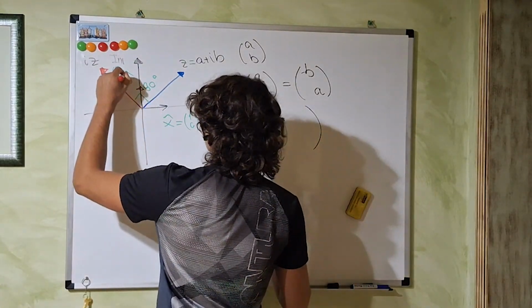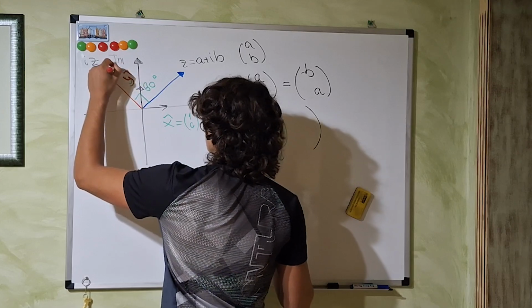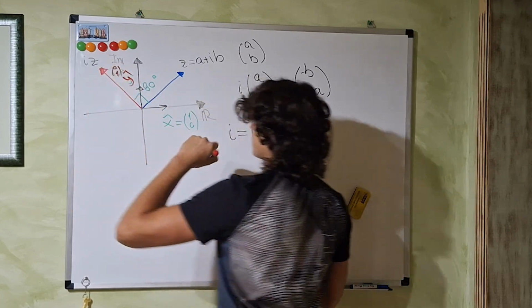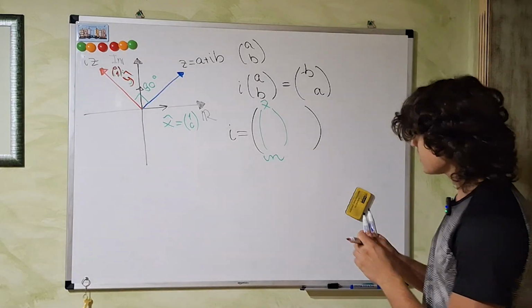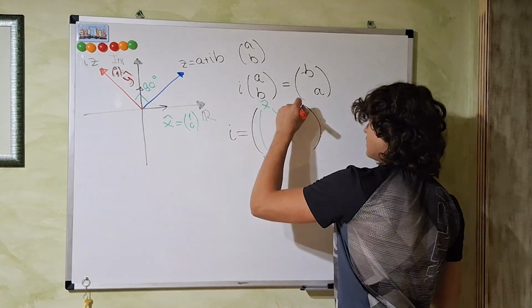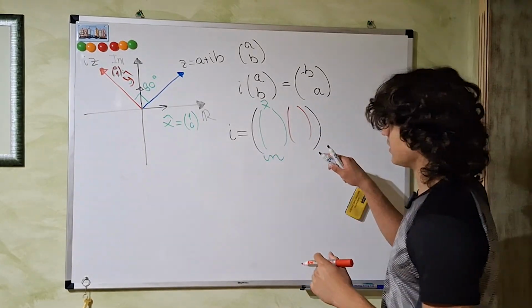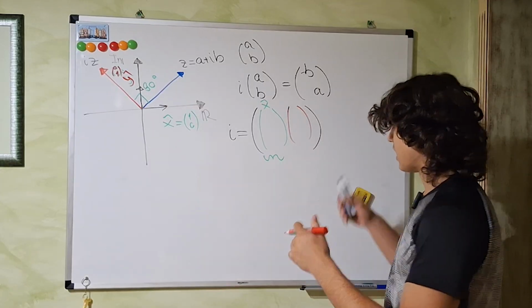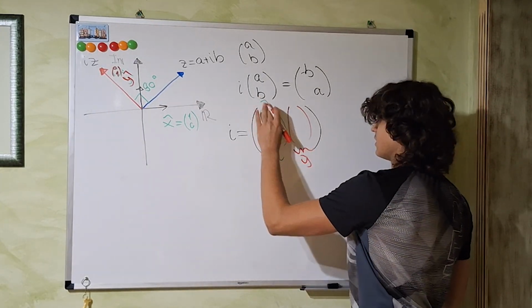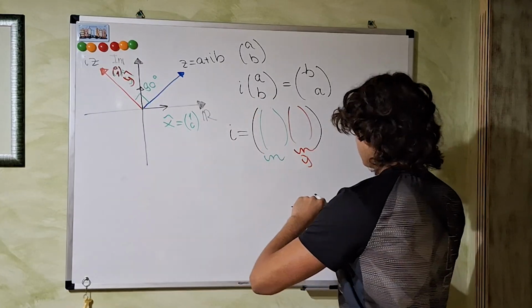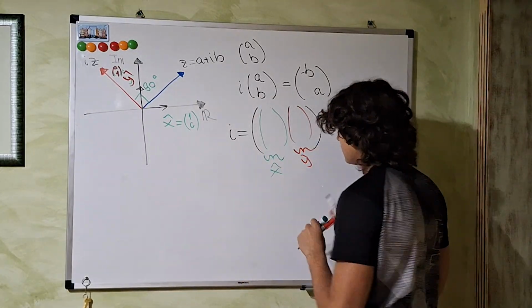So y hat, we can write it using the red marker. And the second column tells us the coordinates of y hat after the transformation. So this is for y hat, and this is for the vector x hat.